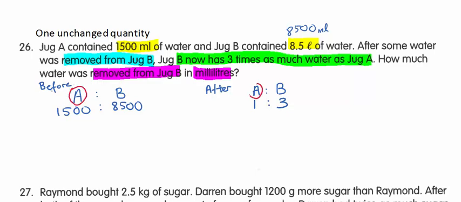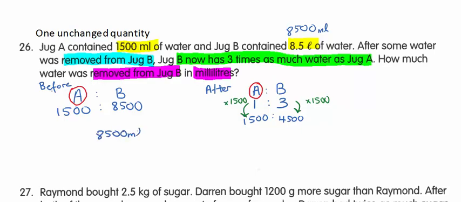So A should remain constant. But if you look at my ratio, it does not follow my story because this is 1500, this is 1. So very easily, I can change this by multiplying 1500. And if I do it on one side, I need to do it on the other side. So 1 times 1500 will give me 1500. 3 times 1500 will give me 4500. So now my A is the same. My B, before I have 8500, now I got 4500. So how much was removed?